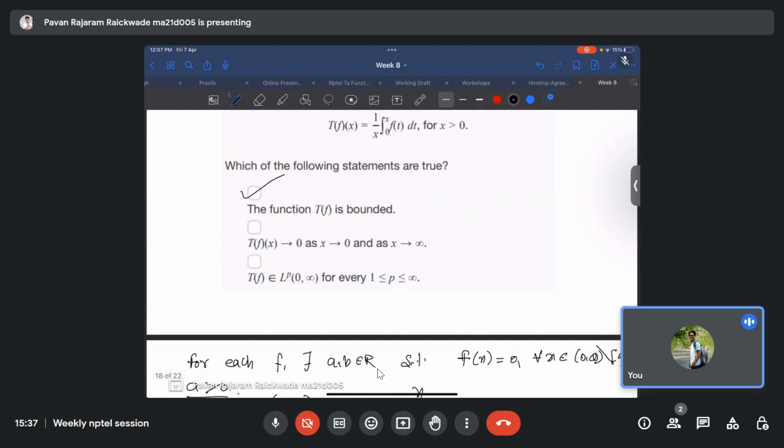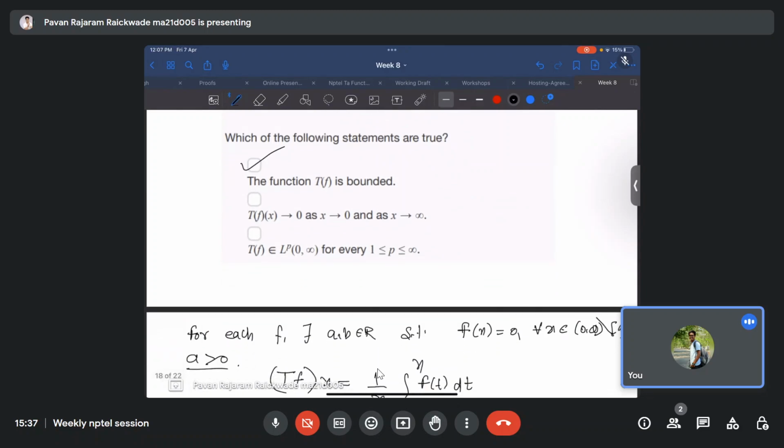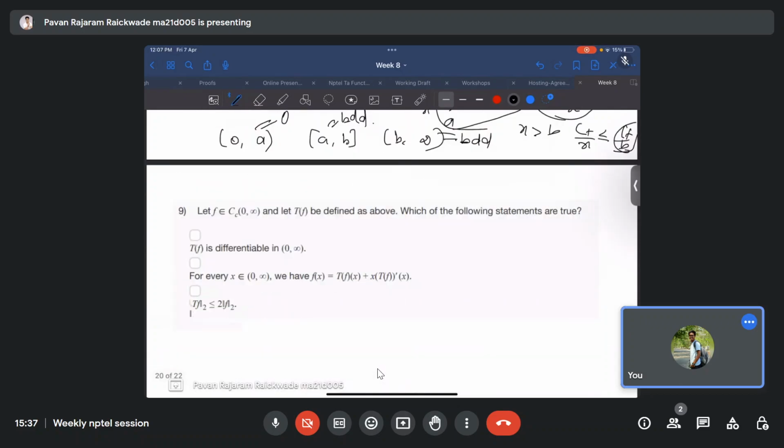Okay, that's fine. Now the next statement: Tf of x goes to 0 as x goes to 0 and as x goes to infinity. This is nice.